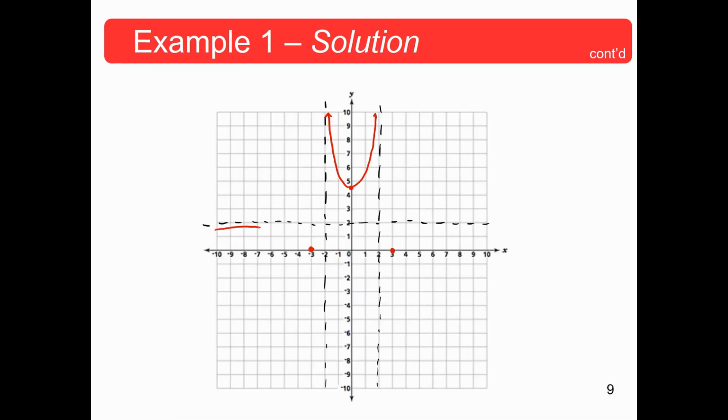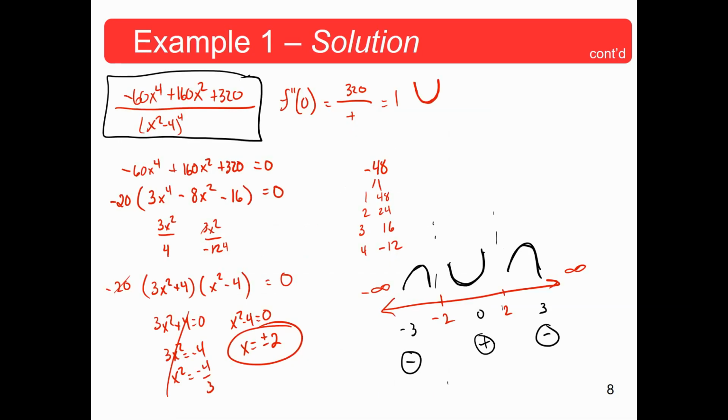So that means that this has to be concave down, right? Upside down bowl. We also know that on the other side, from 2 to +infinity is concave down.